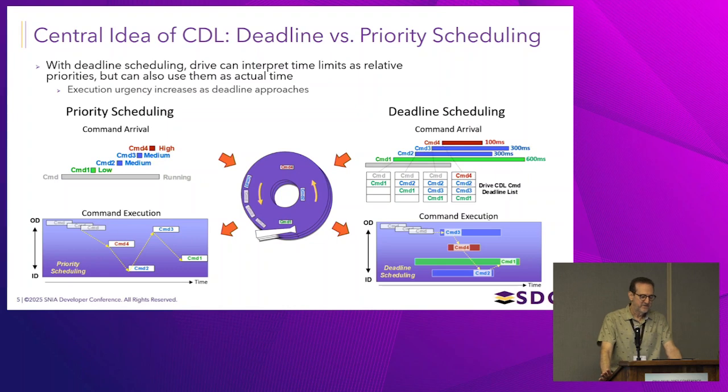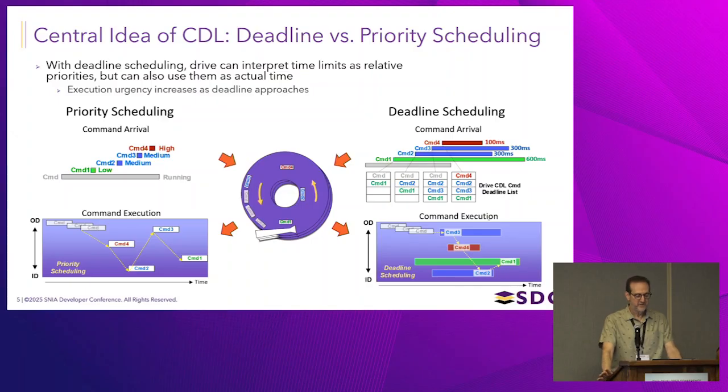With deadline scheduling, when the commands arrive, as you can see, they have windows of execution, or when they need to be scheduled and in which windows they need to run. So the drive can then build a command deadline list.